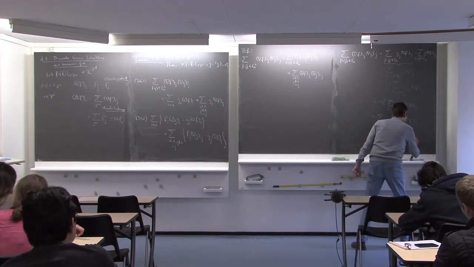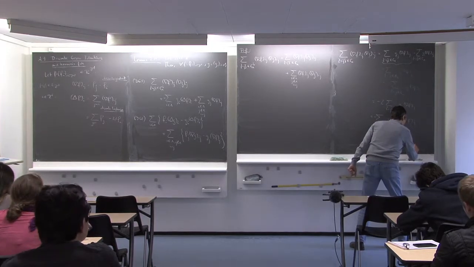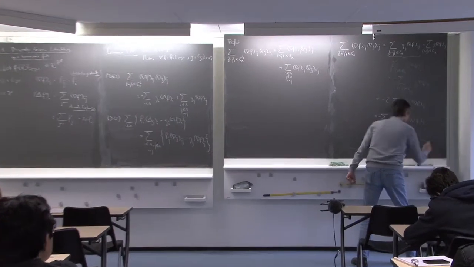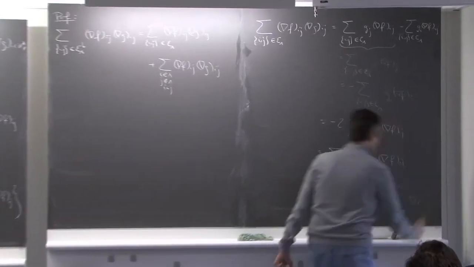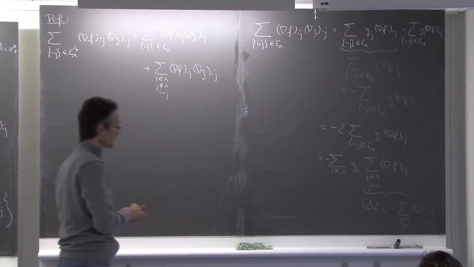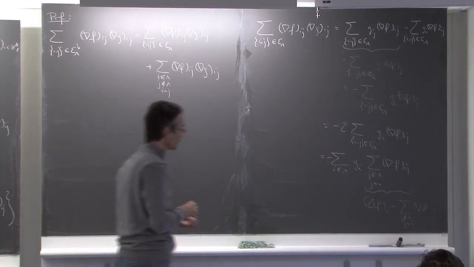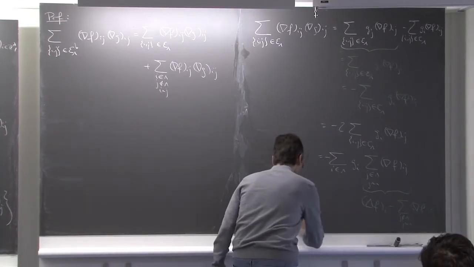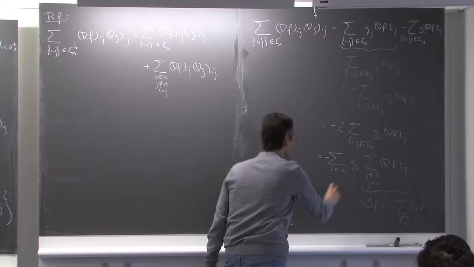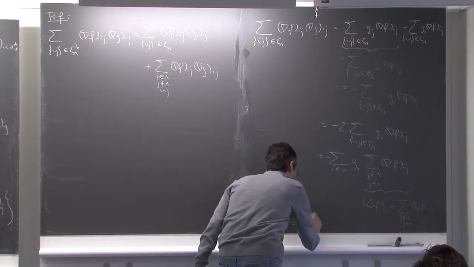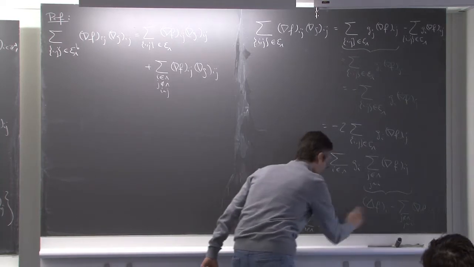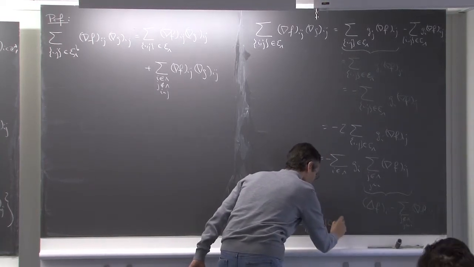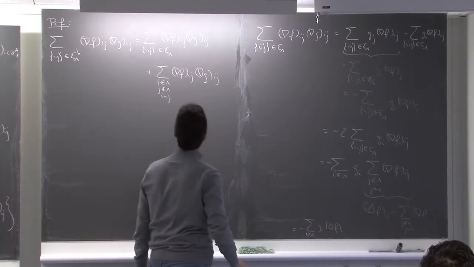I have to remove all j which are not in lambda, j neighboring i, with the same gradient f ij.